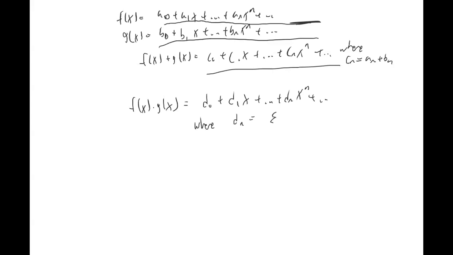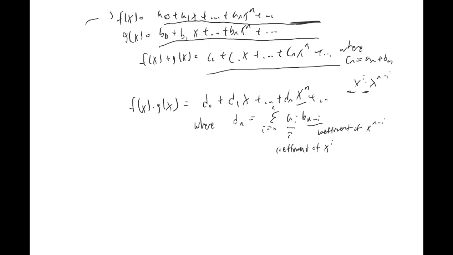d_n is the sum over i equals 0 to n of a_i b_{n-i}. Because again, how do you get x to the n? Well, you could do x to the i times x to the n minus i, and then you just locate the coefficients. This is the coefficient of x to the i in f, and this is the coefficient of x to the n minus i, and then you run through all of that.